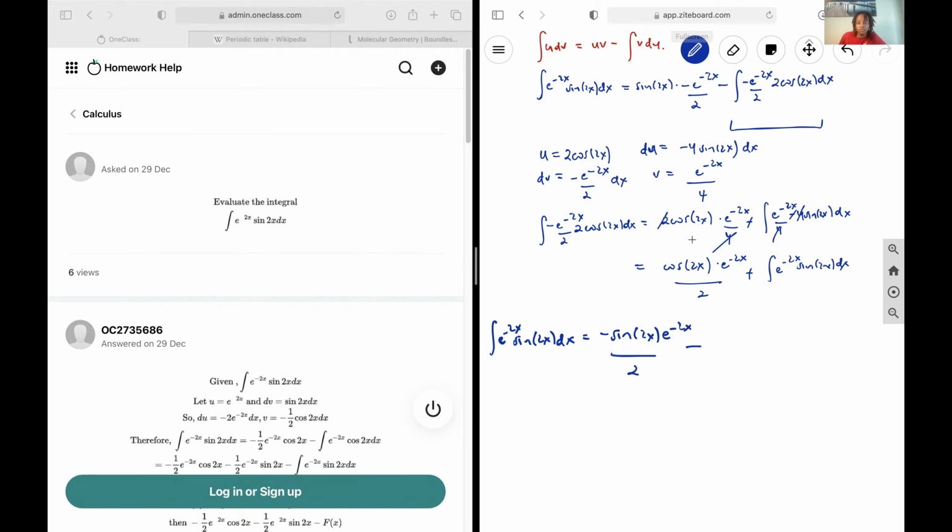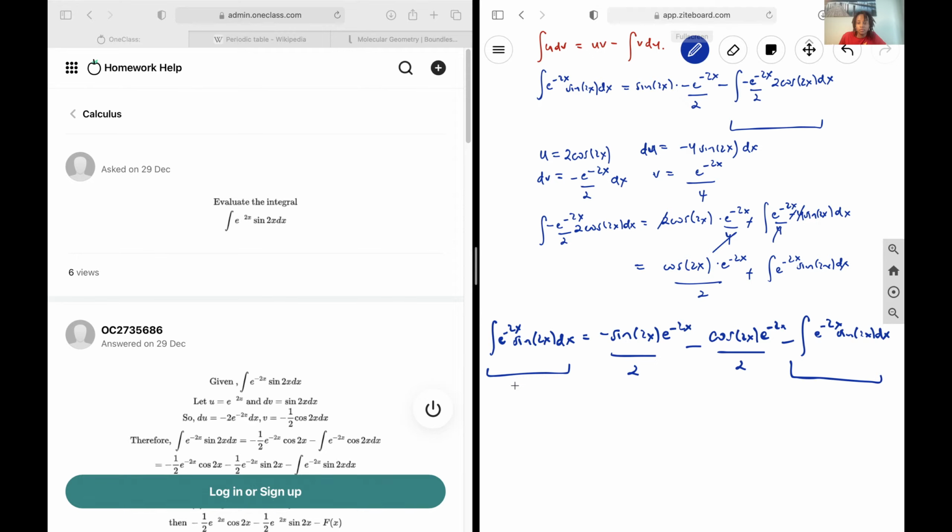So it's minus cos 2x into e to the negative 2x over 2 minus the integral of e to the negative 2x sine 2x dx. Now what happened here is that we have this is the exact same thing as this.